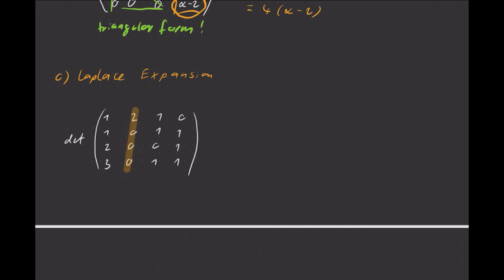And you will remember that each summand of that Laplacian expansion also contains 1 entry in that respective column or row. So in this case, we'll have 3 entries that contain a 0 times something. And of course, those will all be 0. So no need to compute them. The only remaining one is the one corresponding to this 2 entry here. So that's what we're going to do. We're going to use Laplacian expansion with respect to the second column.